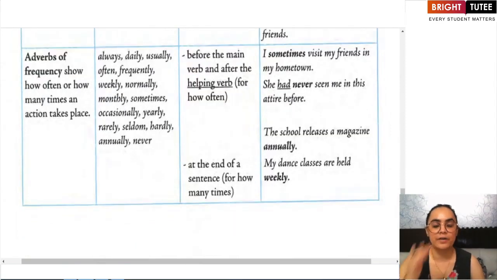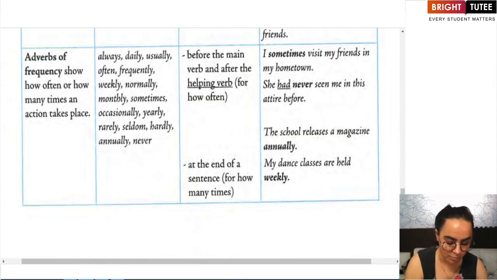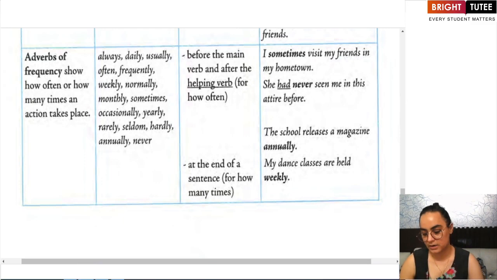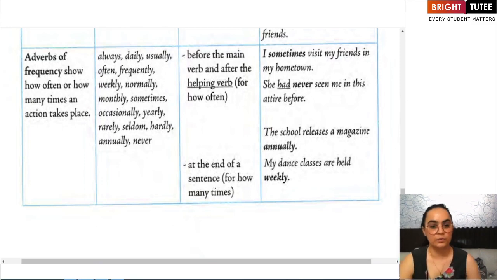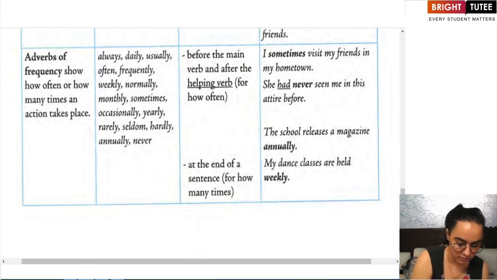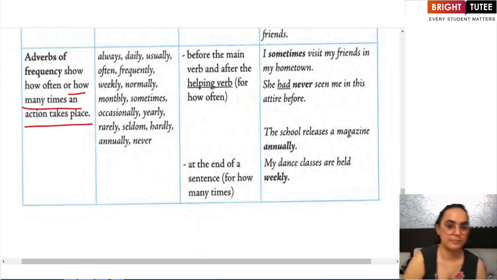The next type of adverb is the adverb of frequency. What are the adverbs of frequency? Adverbs of frequency are those adverbs that show how often or how many times an action takes place.